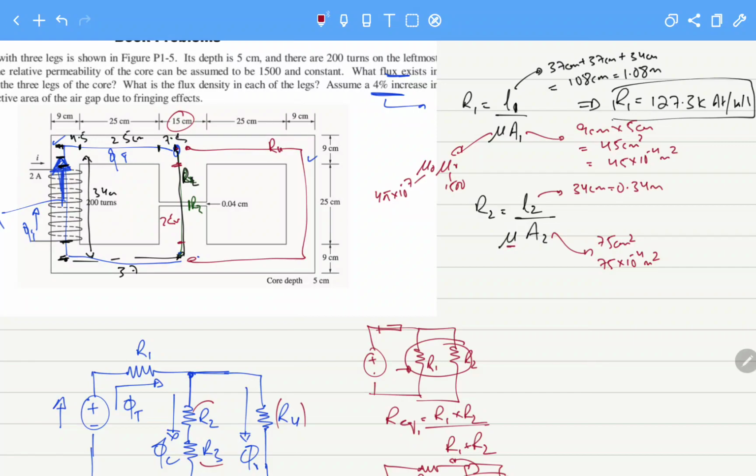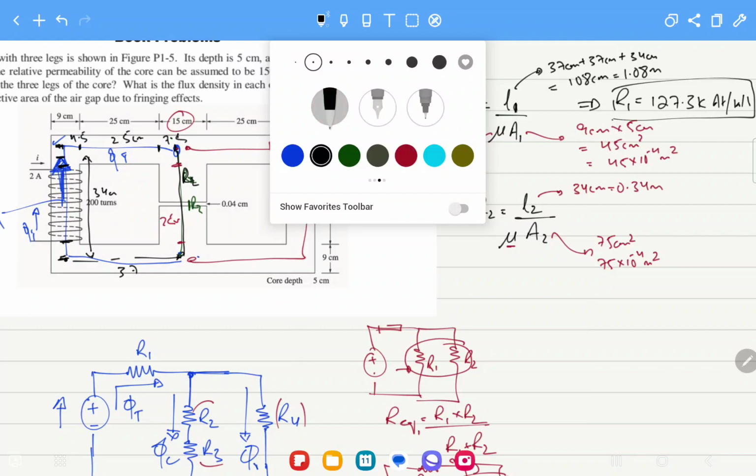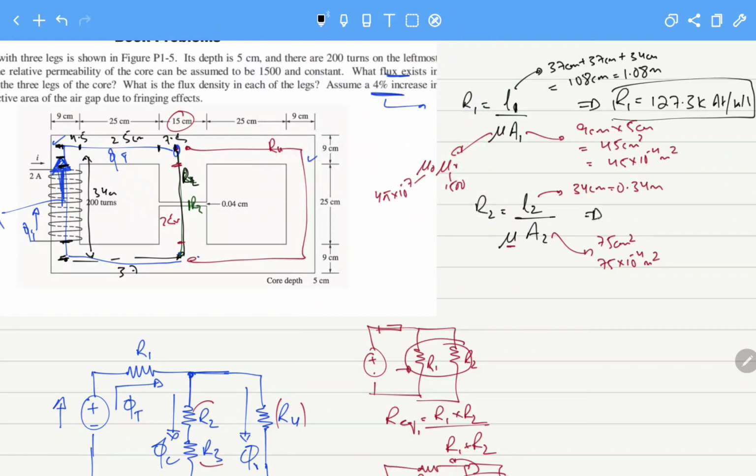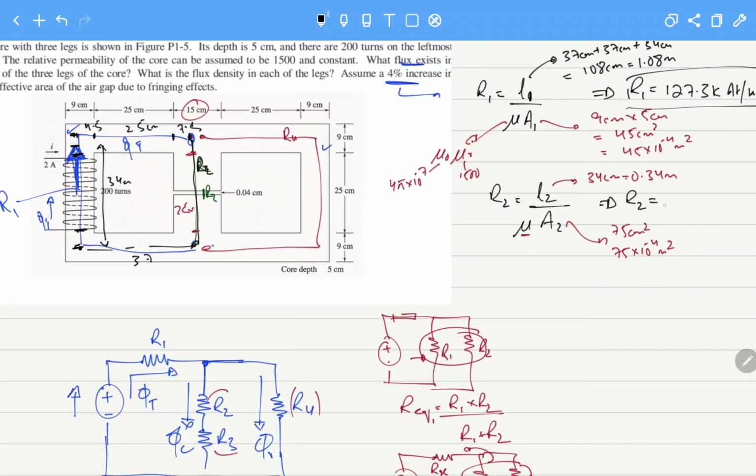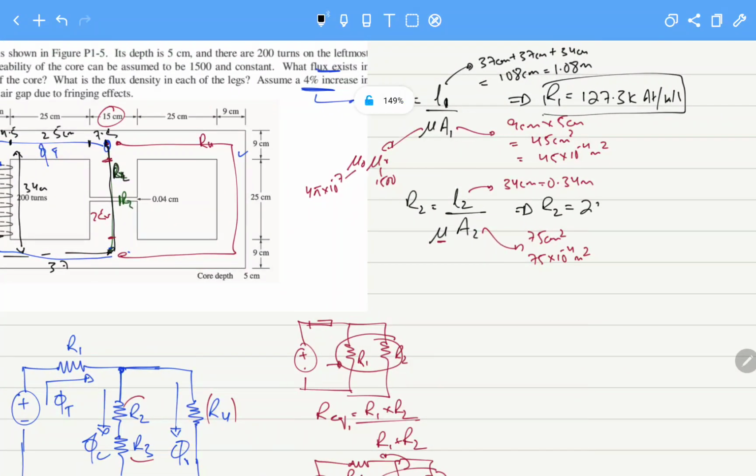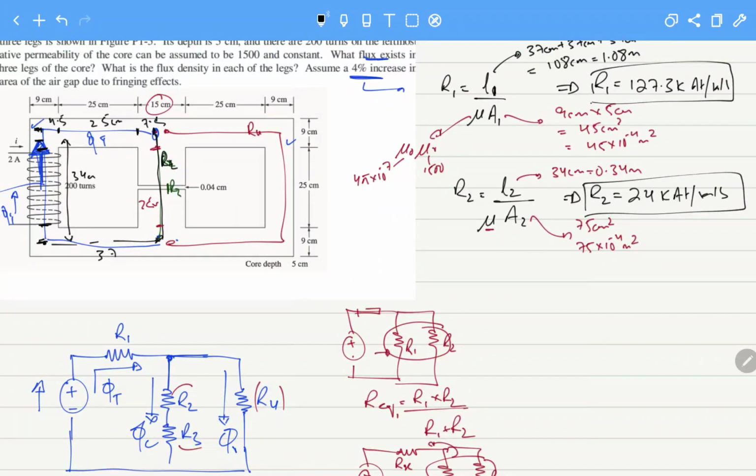R2 will then be equal to, the value of R2 is 24 ampere turns per Weber.